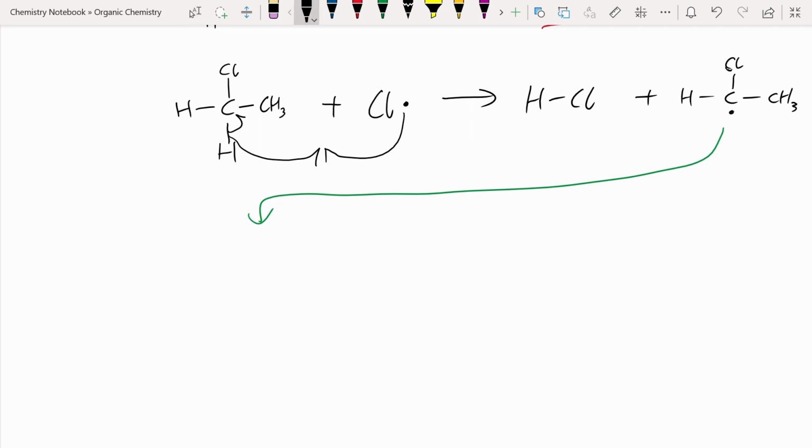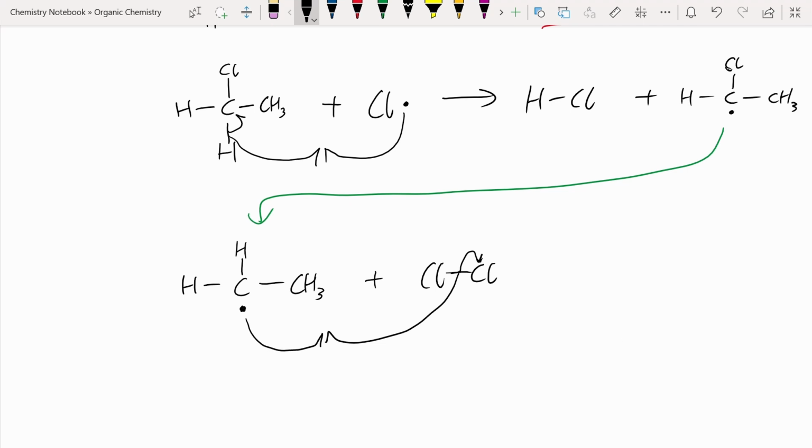So one of the bonding electrons goes to the chlorine atom. Another one of the bonding electrons will go and pair up with the unpaired electron in the radical.